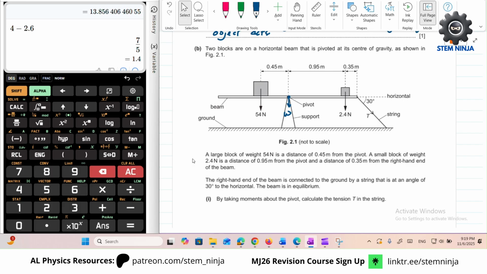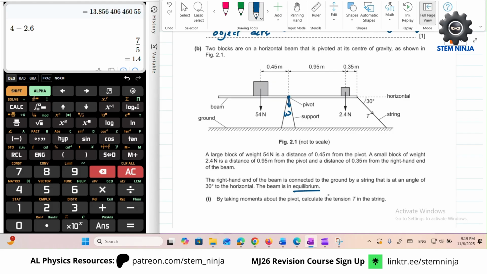A small block of weight 2.4 newtons is a distance of 0.95 meters from the pivot and a distance of 0.35 meters from the right end of the beam. The right hand end of the beam is connected to the ground by a spring at an angle of 30 degrees to the horizontal.